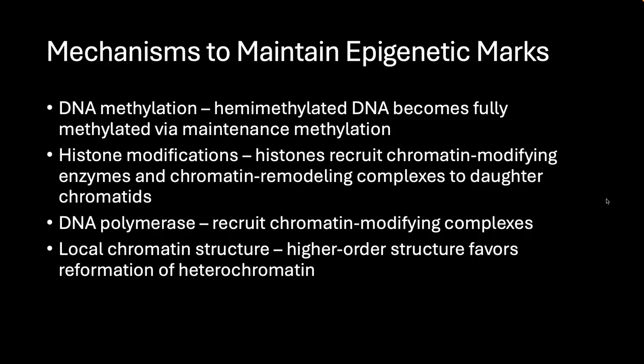The mechanisms that maintain these epigenetic marks are shown here and include DNA methylation, maintained through maintenance methylation, histone modifications that recruit chromatin remodeling complexes in daughter cells, specific DNA polymerases that can recruit chromatin modifying complexes, and some aspects of higher order structure, which we won't dig into here.